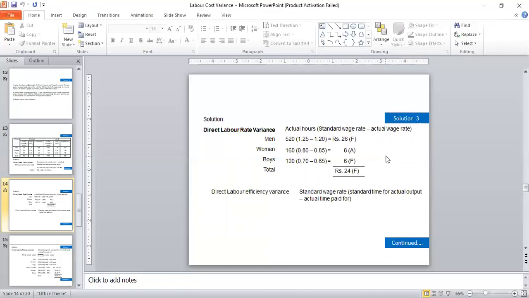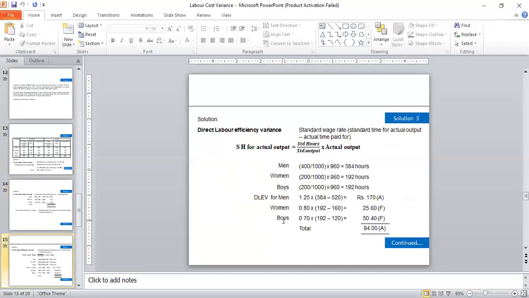Standard rate decided for them is rupees 0.70, while the actual payment made to them is 0.65 per hour. Calculating this, again we have got a rupees 6 favorable variance. Overall, the direct labor rate variance is total rupees 24 favorable.